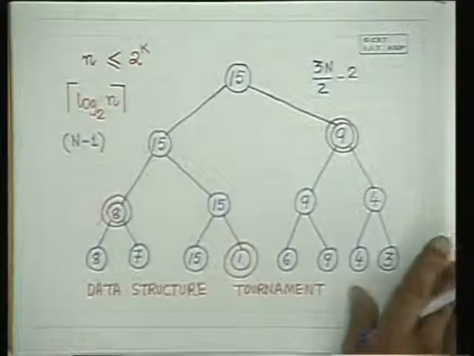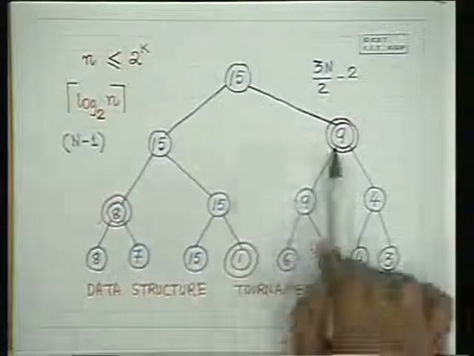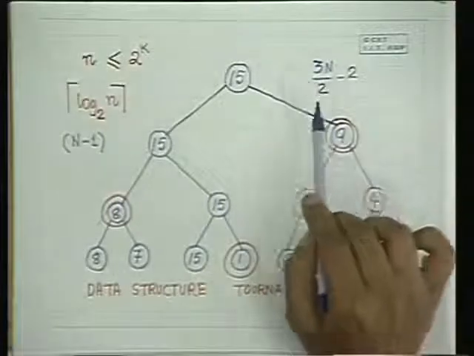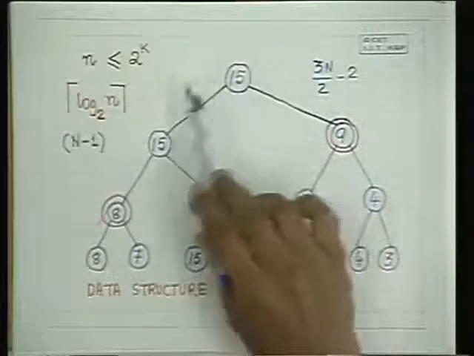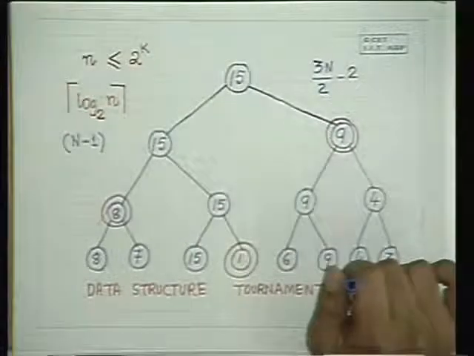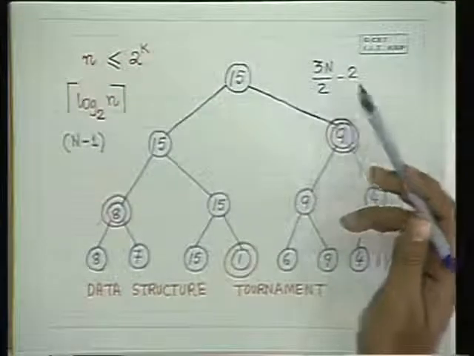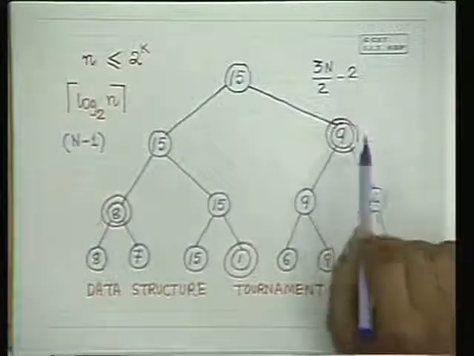Then we went into the issue of implementing this tournament, because we have to find this second largest. Therefore, we have to construct this data structure and implement it in our implementation language, C. Our language does not provide an inbuilt data structure for a comparison tree which you could have manipulated. It provides you arrays, integers, characters and other things, but it does not provide you a structure called a comparison tree.